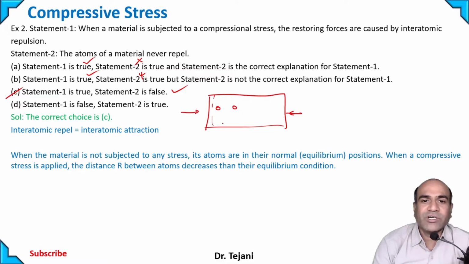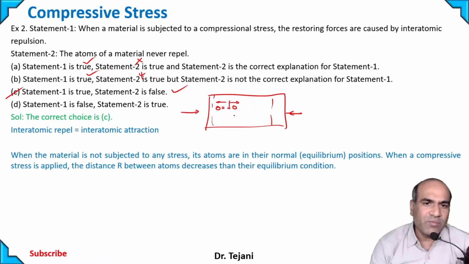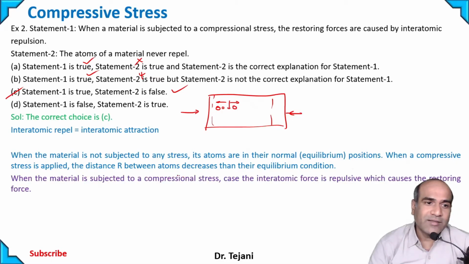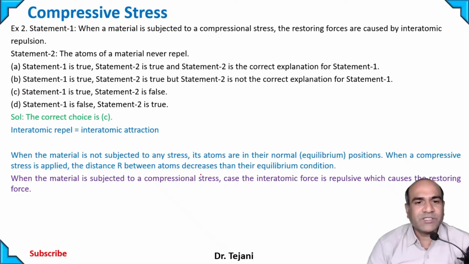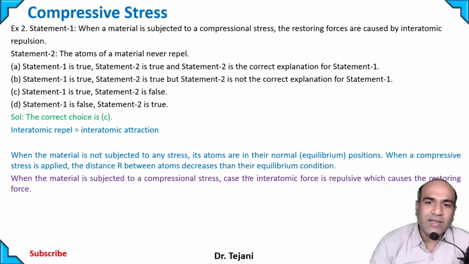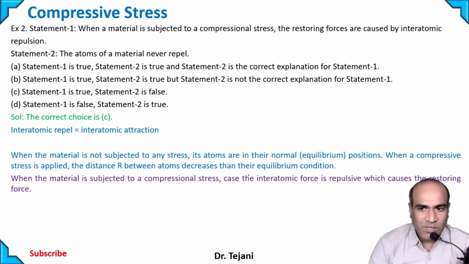After compression, there is a reduction in length, and molecules also contract. The molecules want to go back to their original shape, original position, right? So the distance between molecules decreases, and they want to go back to their original r, and therefore it repels. So when the material is subjected to compressive stress, the interatomic force is repulsive, which causes the restoring force.